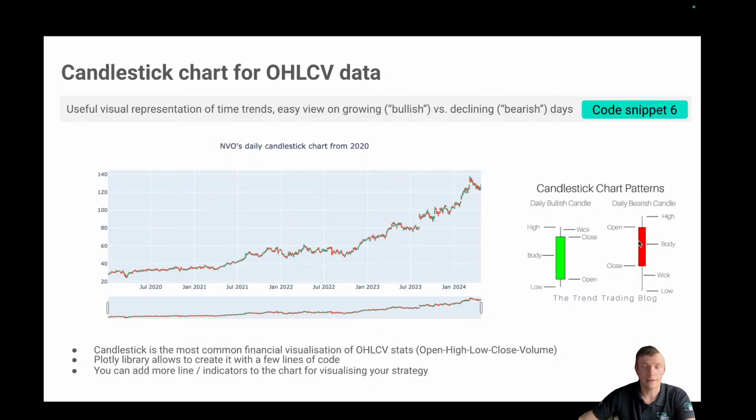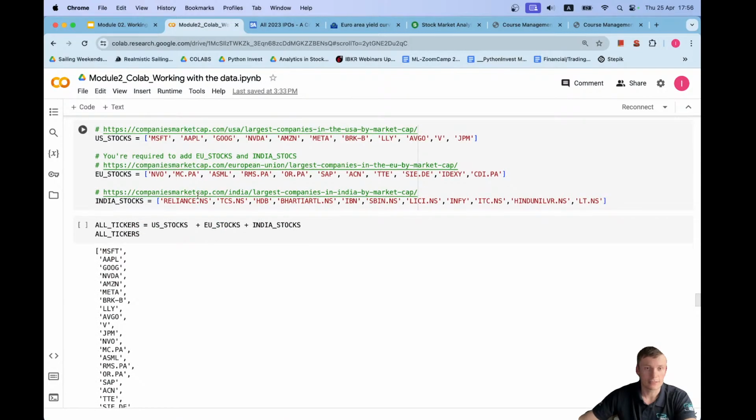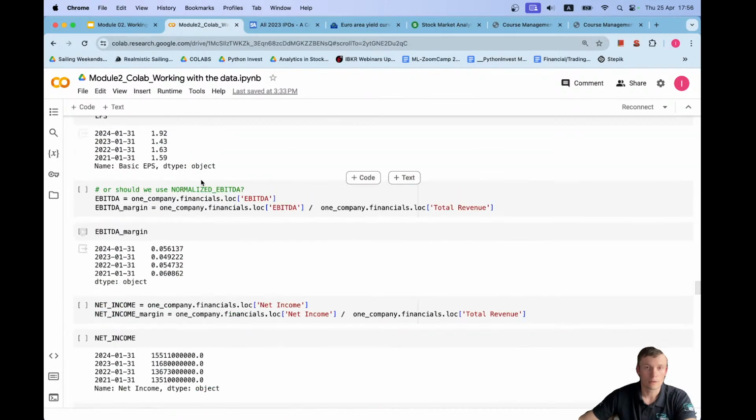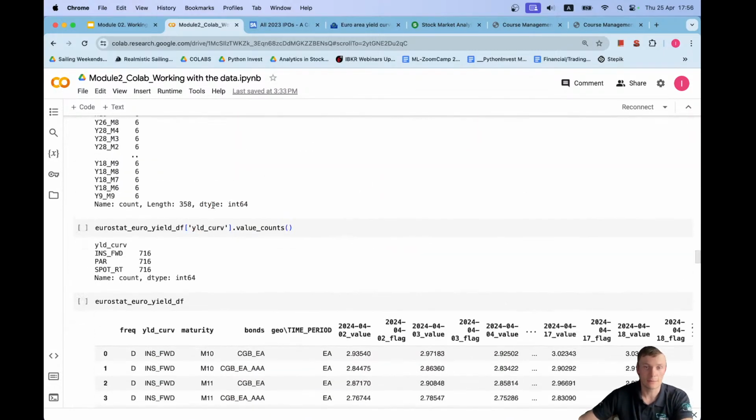And you can see red or bearish candles when some asset actually declined in value. I have a code snippet number 6 where you can produce the same graph.